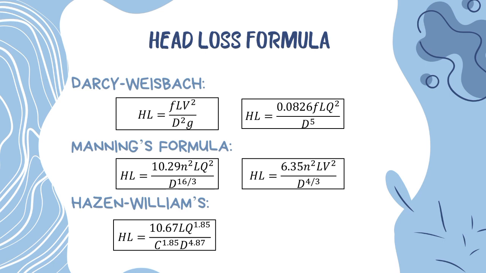And as for Hazen-Williams, we have head loss is equal to 10.67 LQ to the power of 1.85 over C to the power of 1.85 times D to the power of 4.87, where C is our Hazen-Williams coefficient.